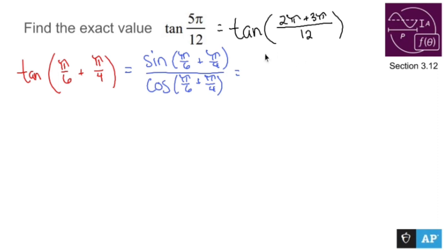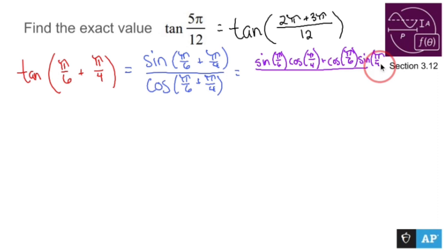So basically, when you add two angles in sine, you do sine of the first, cos of the second, plus cos of the first, sine of the second.